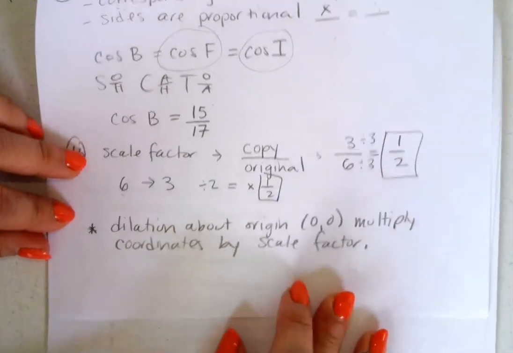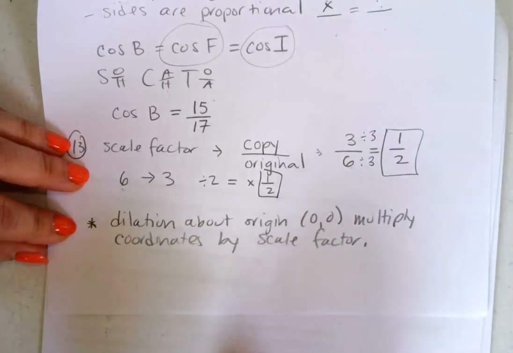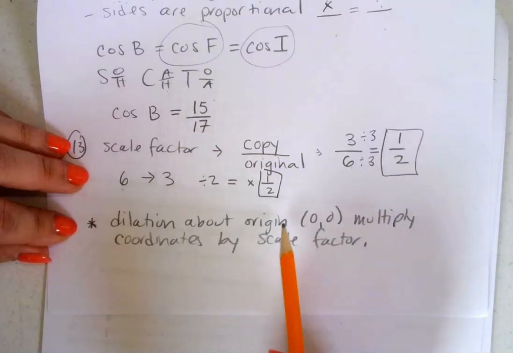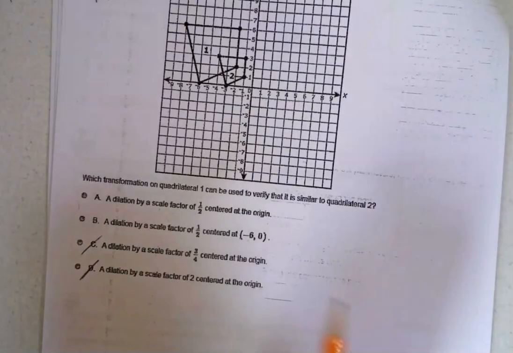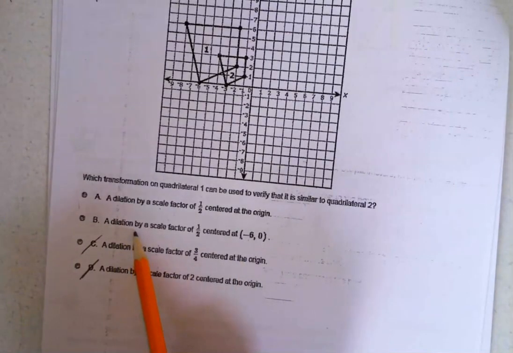So if this works, if we can just multiply the coordinates by the scale factor, then we know that the origin is the center of dilation. But if it does not work, then it has to be another point, and our only option would be B.